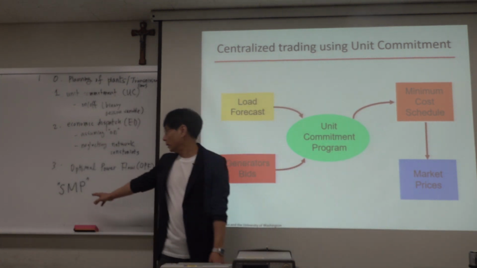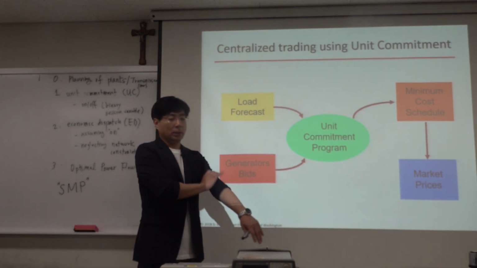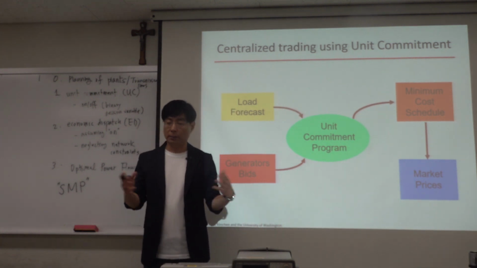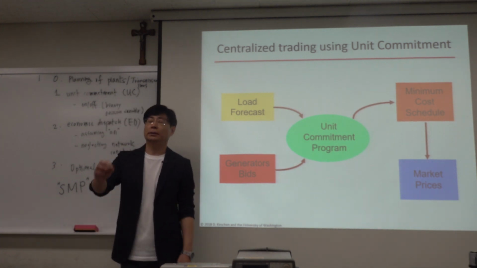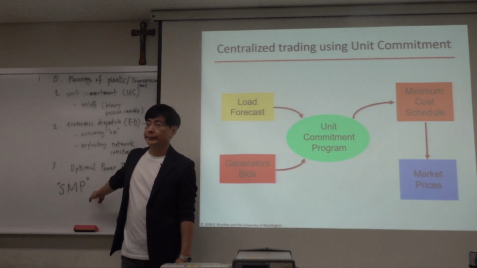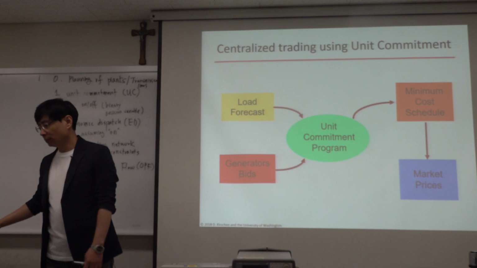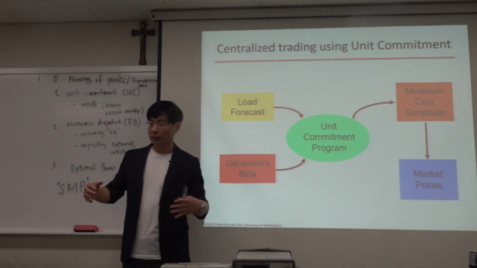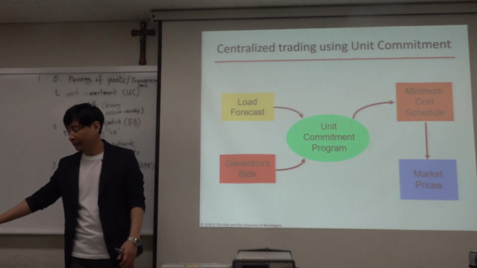This SMP changes over time based on the loads, the fuel cost, and so on. And because of the natural gas price being very high these days, this SMP is almost doubled, I guess. But KEPCO cannot change their electricity price. So that's why they are suffering from a lot of deficit in their finance.